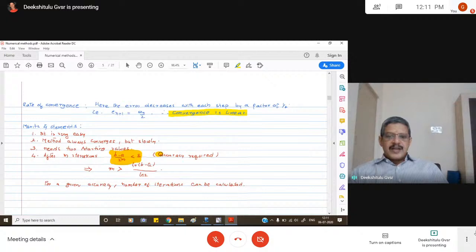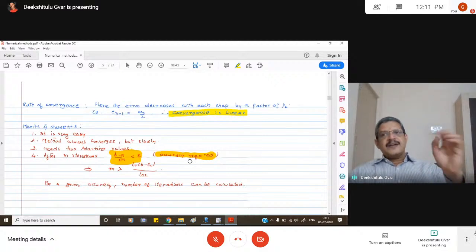And if delta is the accuracy required, the most important thing in bisection method is, for example, if you fix that I want 10 power minus 5 accuracy, then how many steps do you have to do? How many steps are required to get that accuracy? You can calculate that.